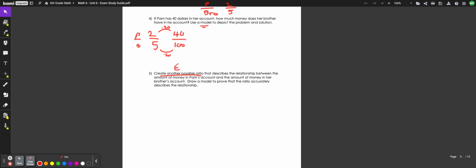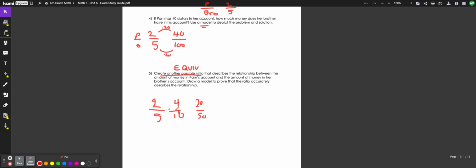As long as this ratio is equivalent, it is all right. So our original ratio is 2 to 5. We could go 4 to 10. We could go, as we saw here, 40 to 100. We could go 20 to 50.